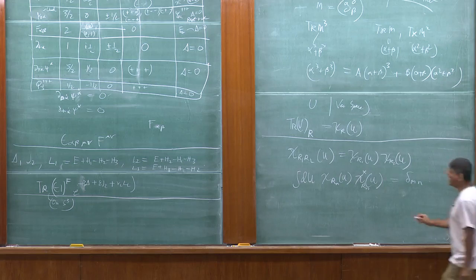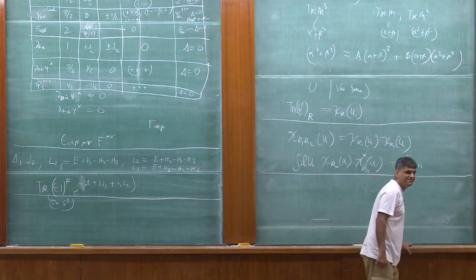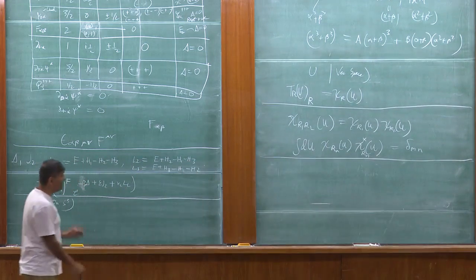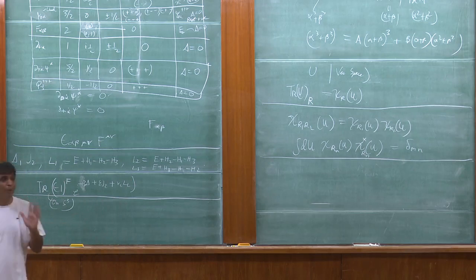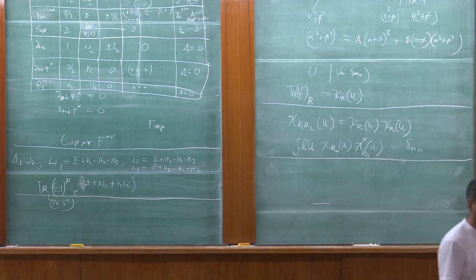Now, why is this useful for what we wanted to do? What we wanted to do is impose the restriction onto singlets. Suppose I take my product of letters and I compute the character of that product.